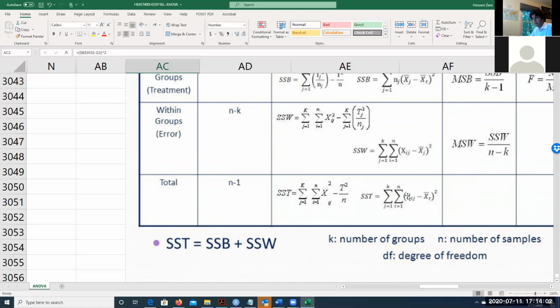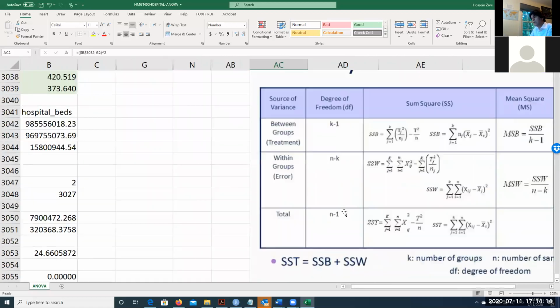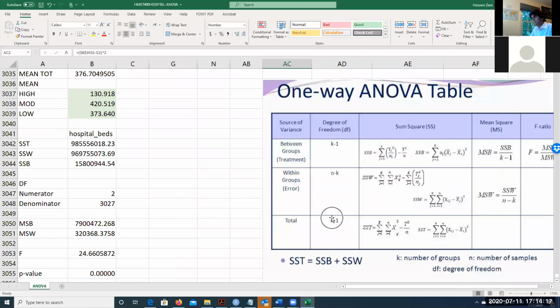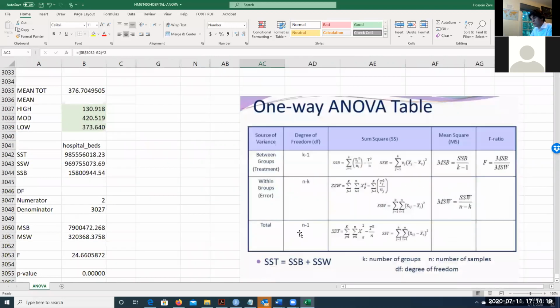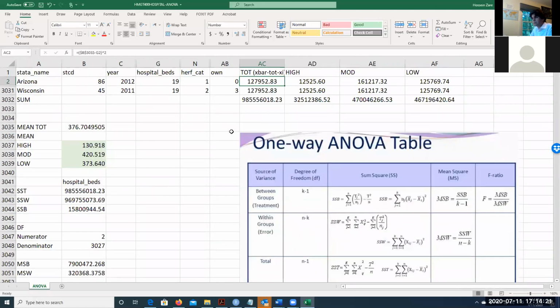For example, the hospital in the first high competitive market, and the total is x bar. Whenever you see this sign, x bar means the mean average. Okay. And I will explain the n minus k and k minus 1 later.